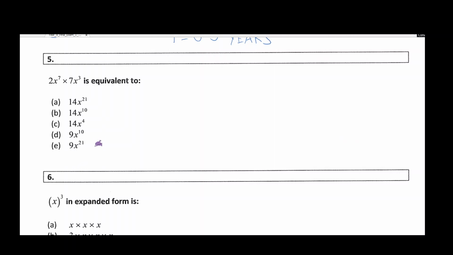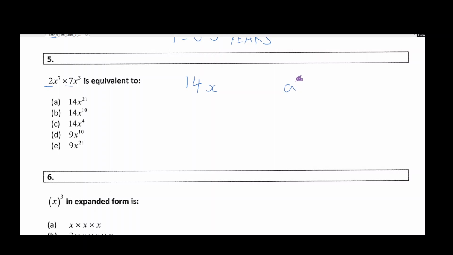2 times x to the 7 times 7 x to the 3. So first step, we've got 2 times 7, which is 14. Then x to the power of 7 times x to the 3. With indices, when we multiply them, we add them.